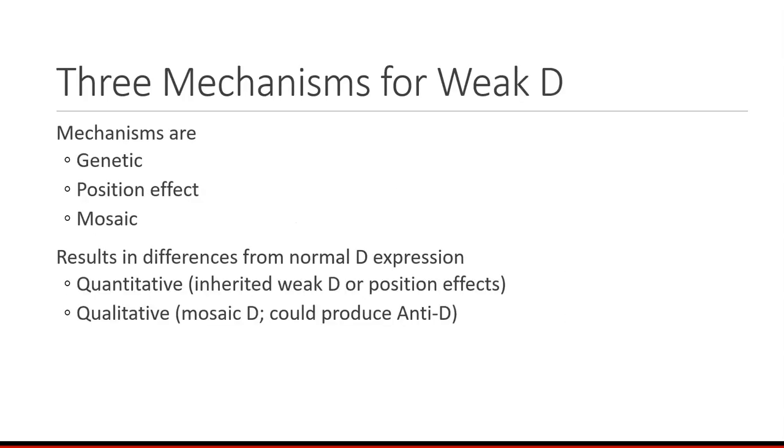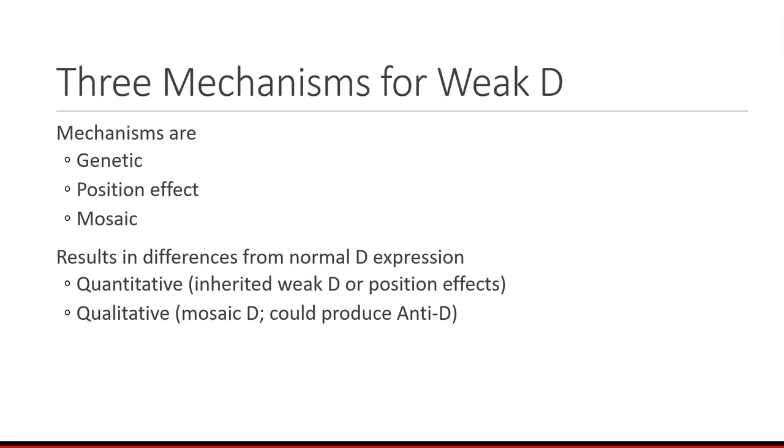You must memorize the 3 mechanisms for weak D, which are genetic, position effect, and mosaic. These result in differences from normal D expression. It could be a quantitative difference that perhaps you've inherited a weak D, or it may be due to a position effect, or it could be qualitative, an actual difference in the D gene itself.